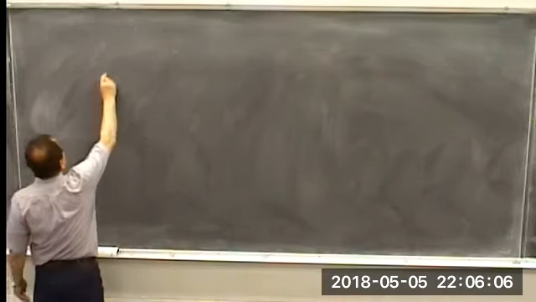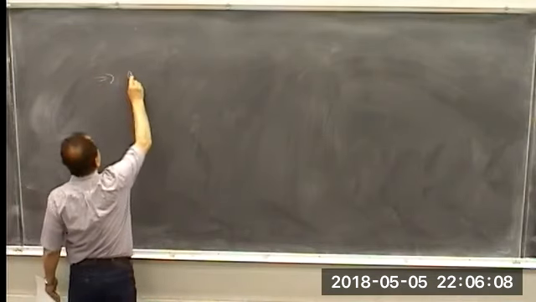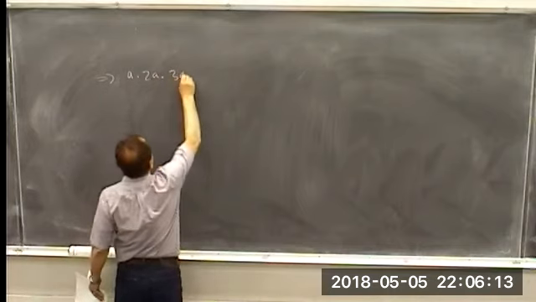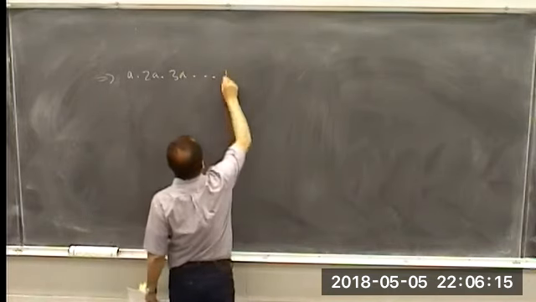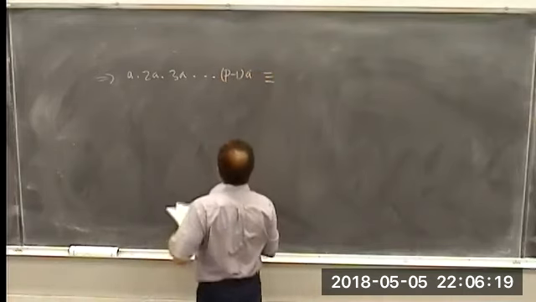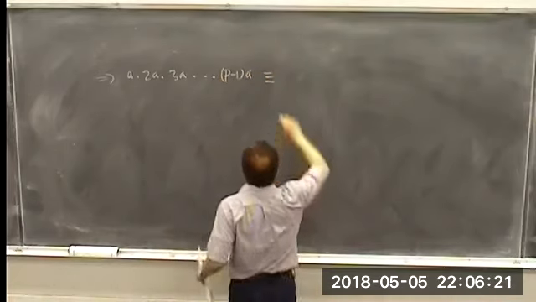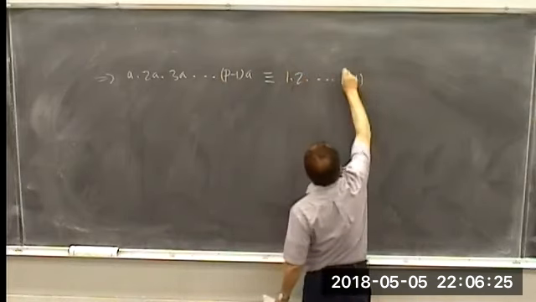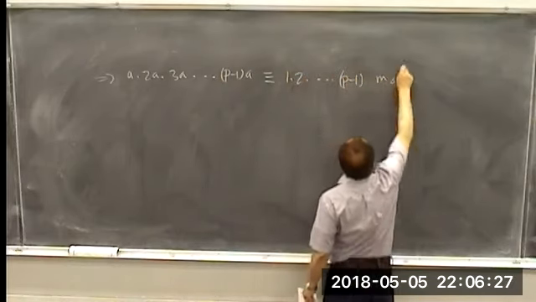So this implies that if you take a multiplied by 2a, 3a, up to (p minus 1)a, this is going to be congruent mod p to 1, 2, up to p minus 1.